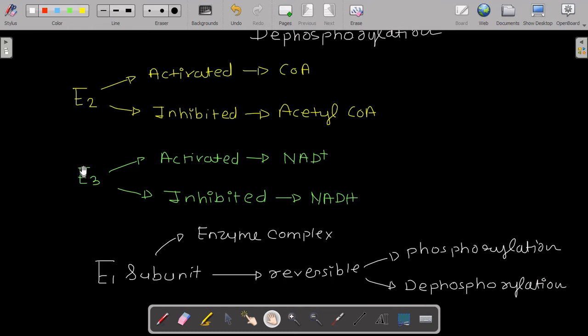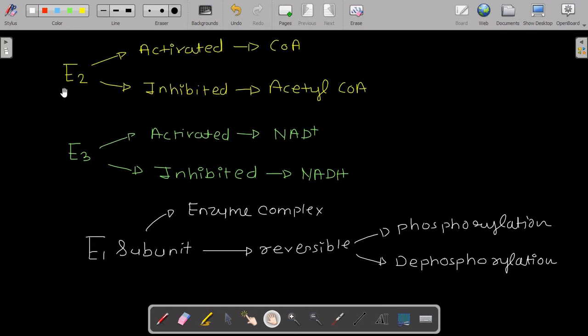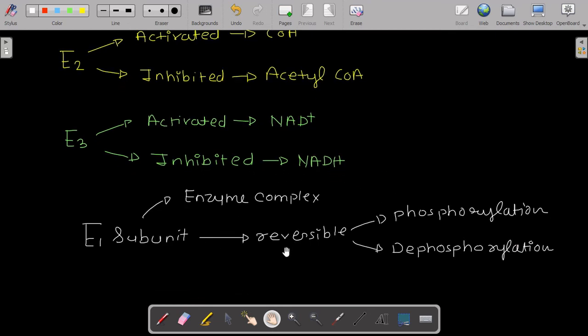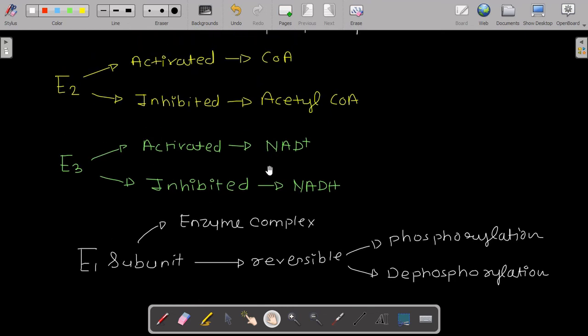E1, E2 and E3. Now this E2 is activated by coenzyme A and inhibited by acetyl coenzyme A. E3 is activated by NAD plus and inhibited by NADH, and E1 can undergo reversible phosphorylation and dephosphorylation, and that is how the activity of pyruvate dehydrogenase is regulated, by regulating these three units of it.